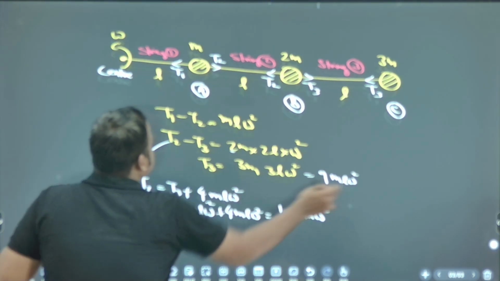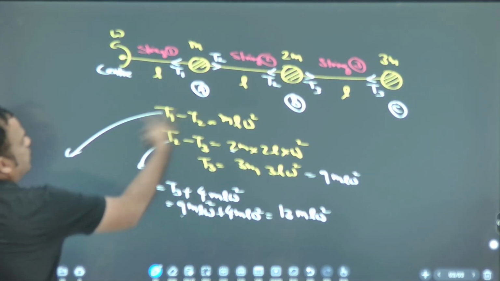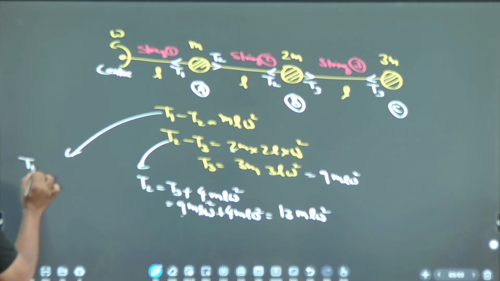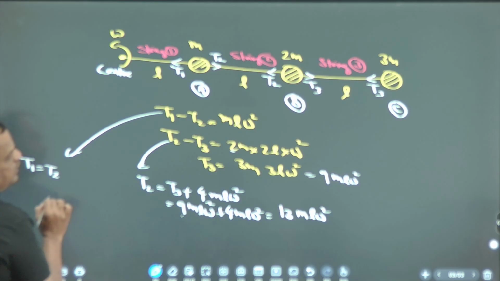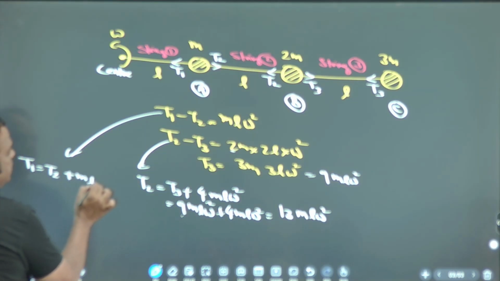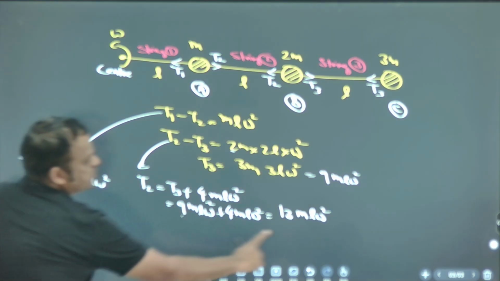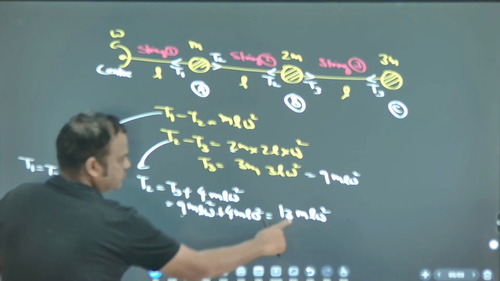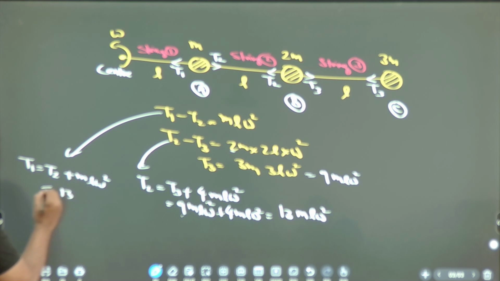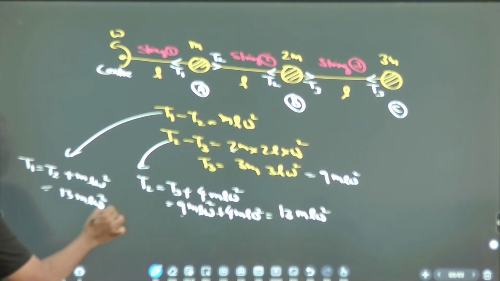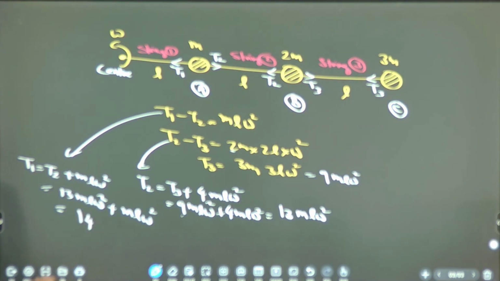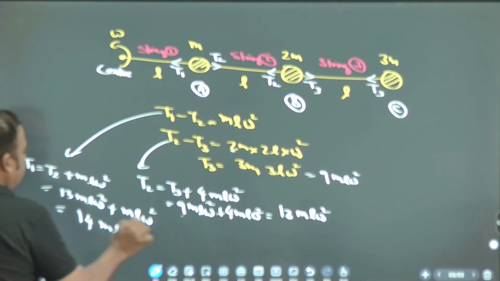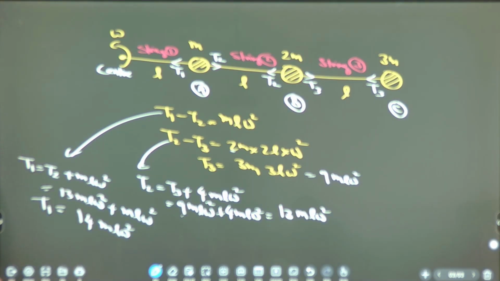Now you got T2. Now find T1. T1 is equal to, correct, T2 plus ml omega square, and T2 you got. So 13 ml omega square plus ml omega square. So 14 ml omega square. Okay, clear? T1 is 14 ml omega square. Are you getting? Okay, clear.